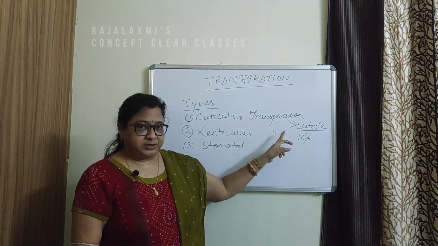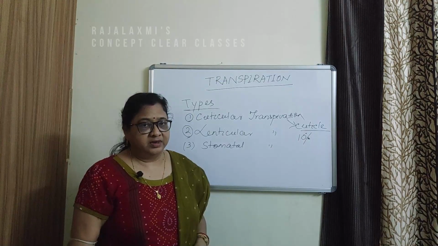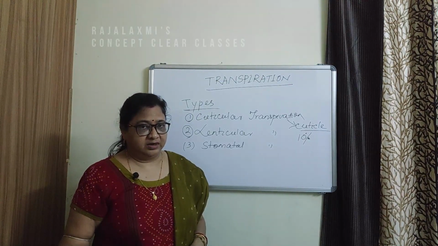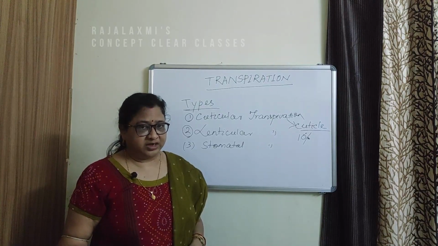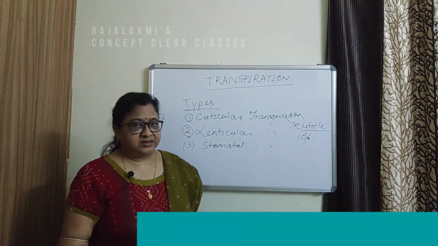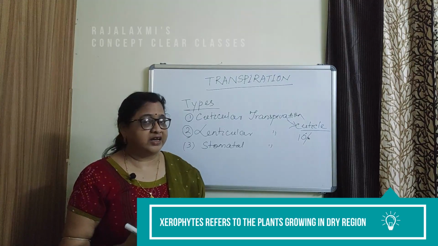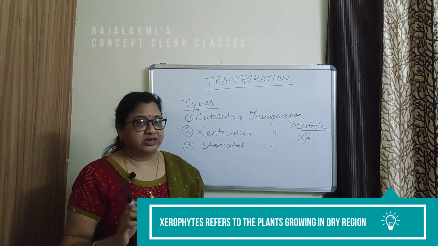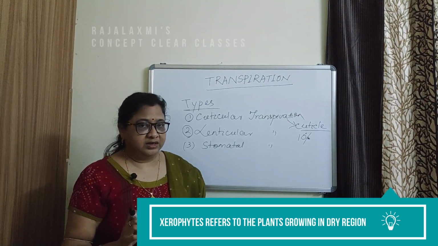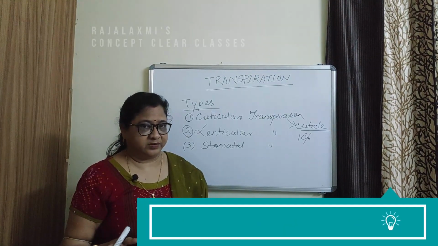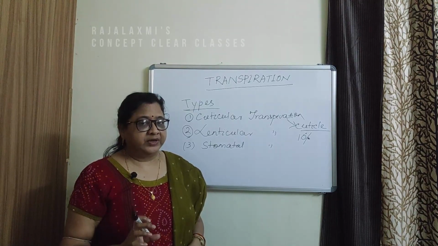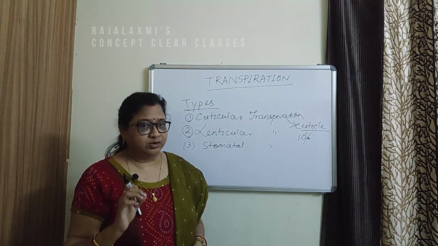The cuticular transpiration depends upon the thickness of the cuticle. The thicker the cuticle, the lesser is the transpiration rate. Xerophytic plants, or the plants growing in dry regions, have a thick cuticle to check the evaporation because there is scarcity of water. So to conserve water, the xerophytic plants have a thick cuticle.